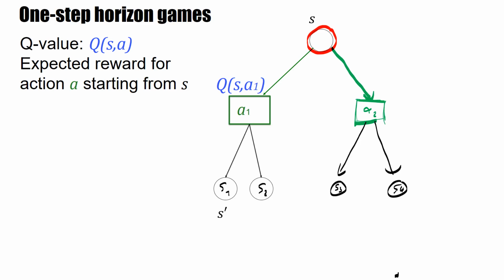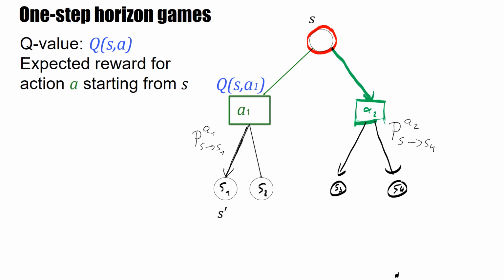And this fact is described by a probabilistic branching ratio, the probability that you make the transition from S to S4 under action A2. Or here it would be the probability on this branch, the probability that you end up in state S1 starting from state S after having chosen action A1.